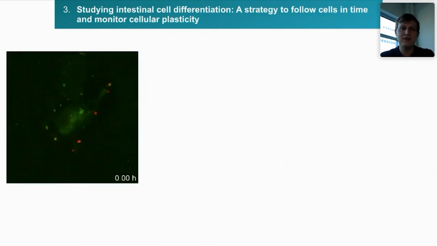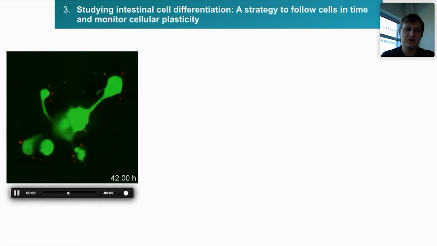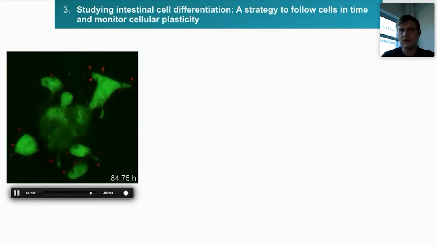And basically what you see when you look at organoids derived from mice that express the system is, here you see one organoid, and here you see a green cell. When I play the movie, you see that it quite rapidly changes its color, which represents that the cell matures and becomes a terminally differentiated cell.